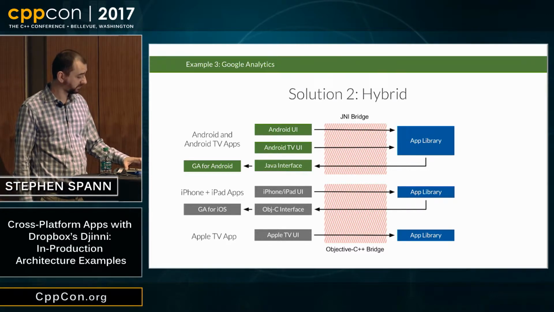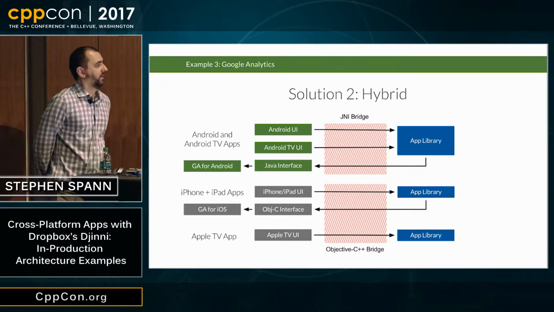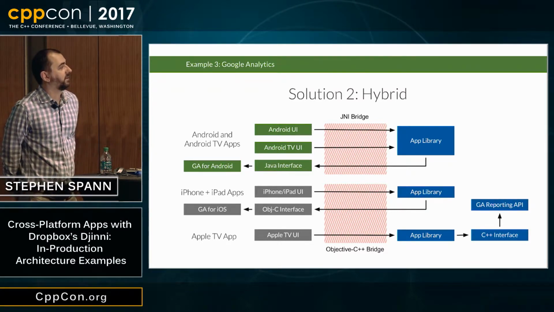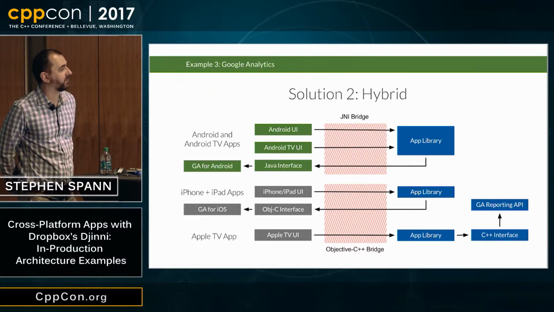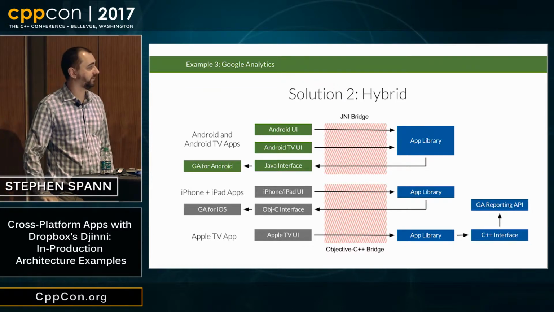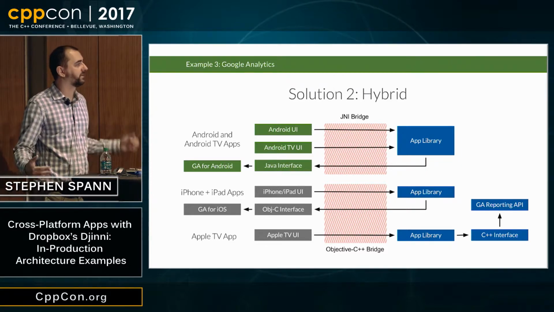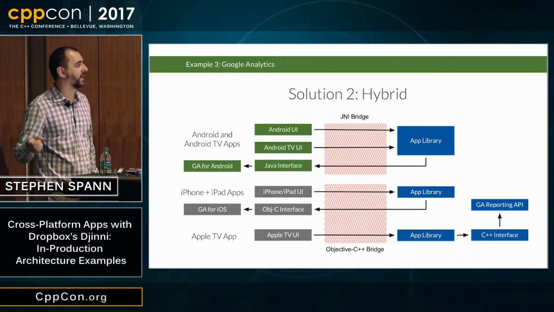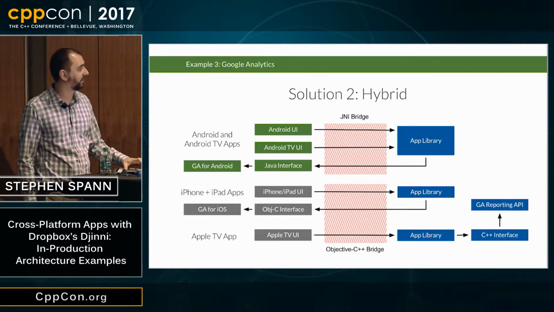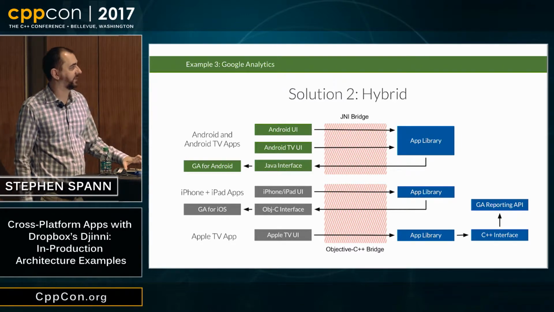And now Apple TV. What do we do there? We eventually get to the reporting API we were just talking about with the C++ solution. But now we've included another interface. In between our library and the API, we're going to build out an interface that matches all the other interfaces.